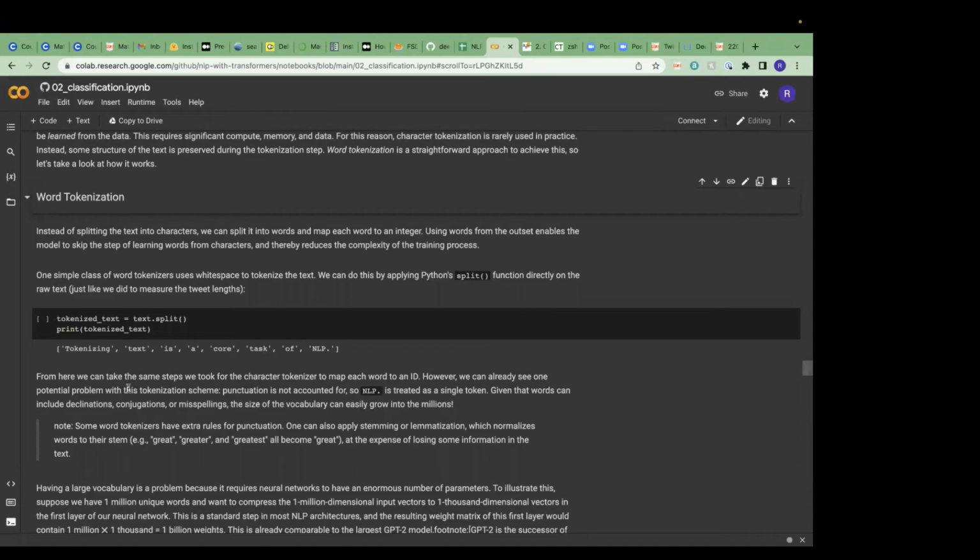The problem with word tokenization is that your vocabulary can be very long, as opposed to character tokenization. It's still better than character tokenization in my opinion, but you could have a very long vocabulary and repetition in it.